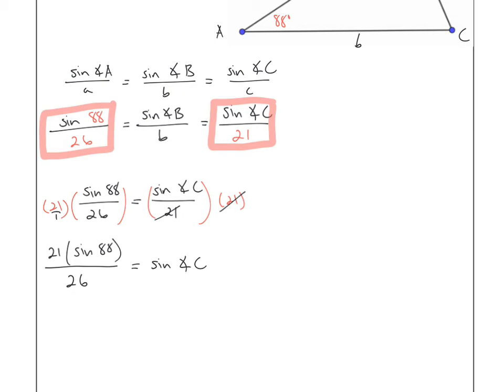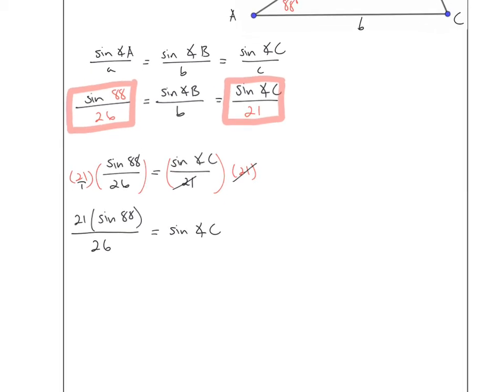Now we're almost done. In order to get rid of this operation sine that is being attached to angle C, we now need to take sine inverse. So this was what I mentioned earlier. When we solve for an angle, you need to take the inverse trig ratio at some point.